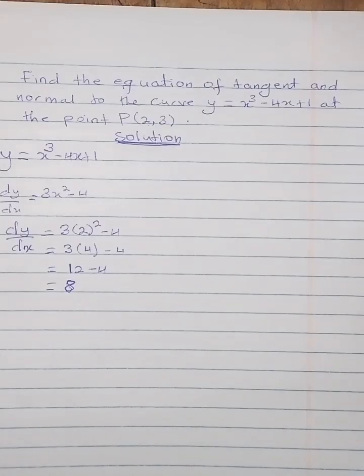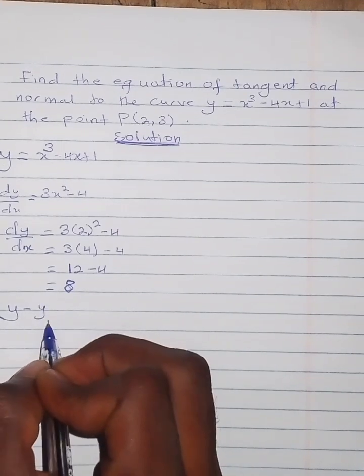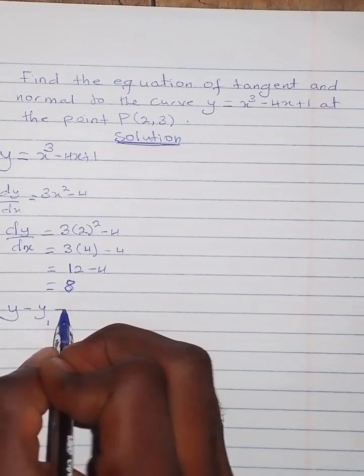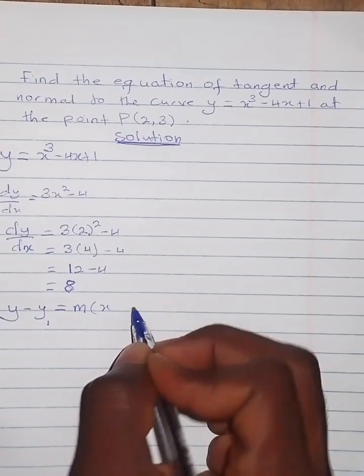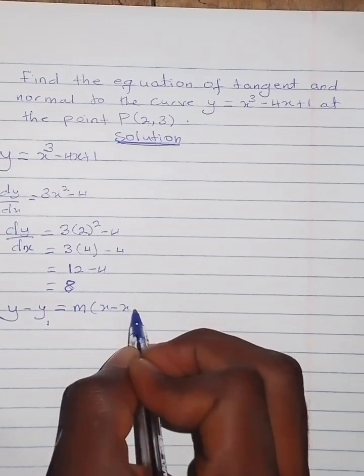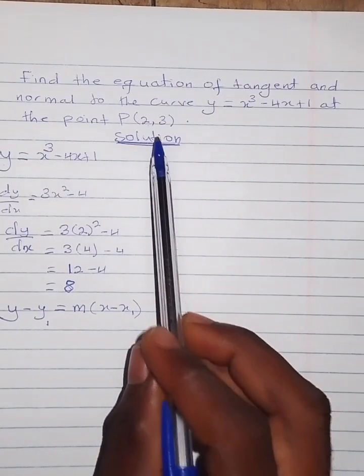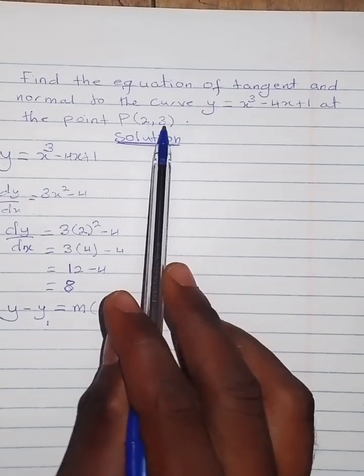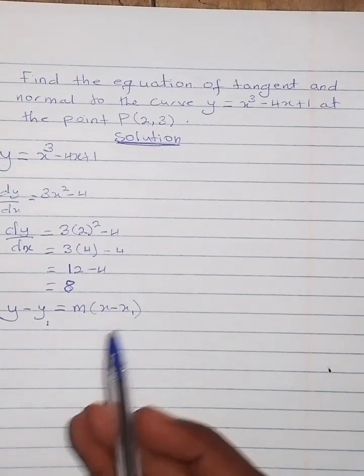Now, the equation of the tangent is given by y minus y1 is equal to m, which is the gradient, into bracket x minus x1. At this point, we know y1 is 3, x1 is 2, and the gradient is 8.